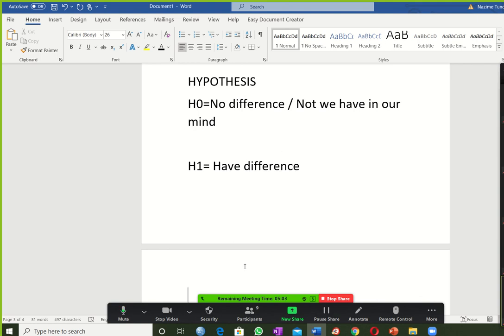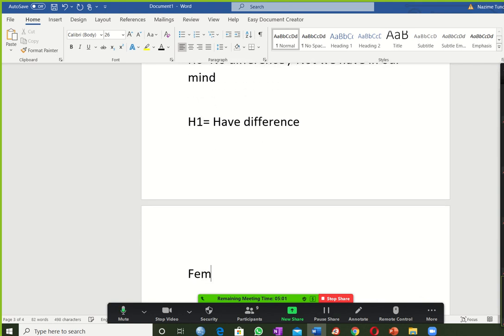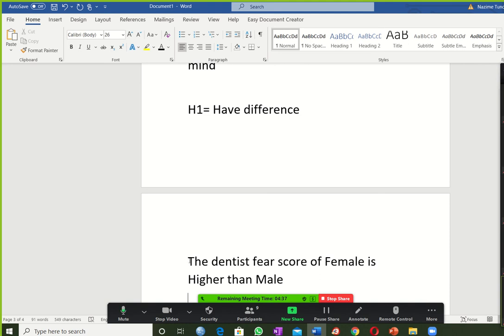So one example: the dentist fear score of females is higher than males. Let us say this is our hypothesis.